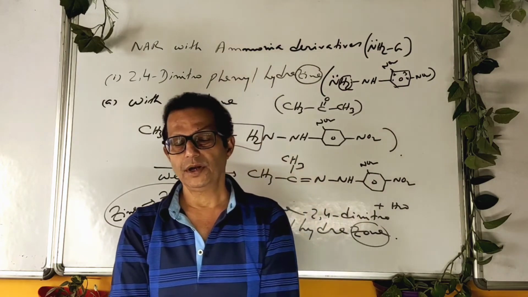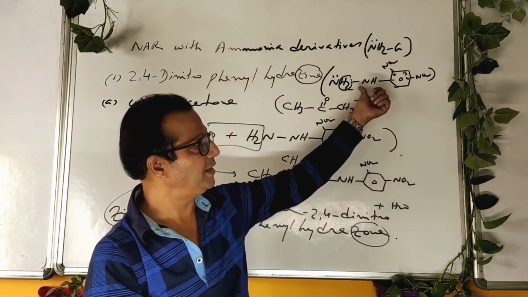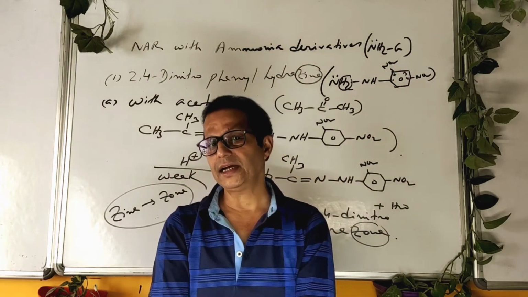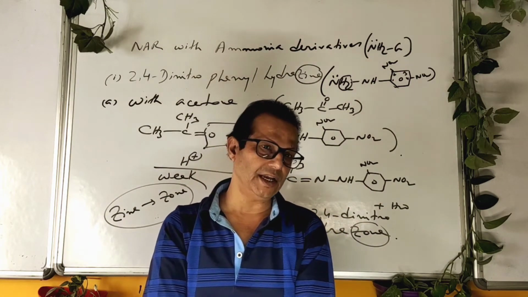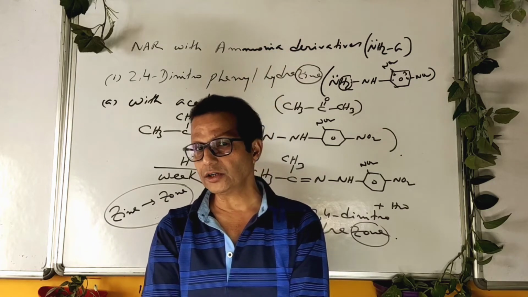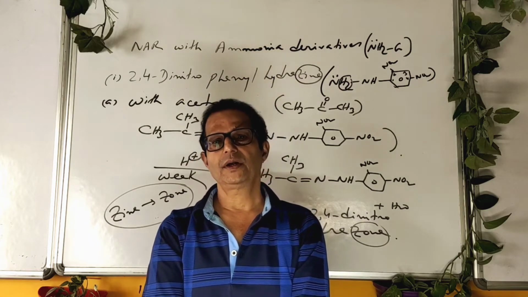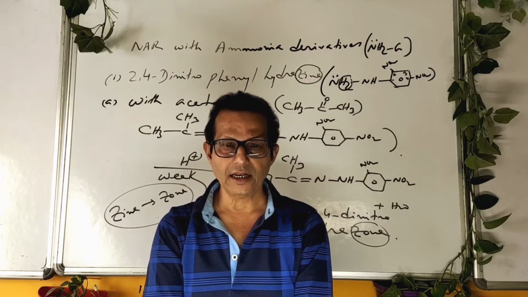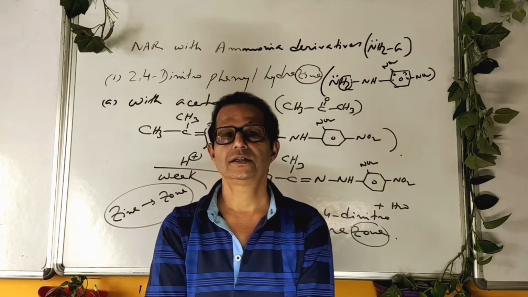So, the reaction of 2,4-dinitrophenylhydrazine with aldehydes and ketones is also an identification test, because the product which we get is an orange red colored precipitate.